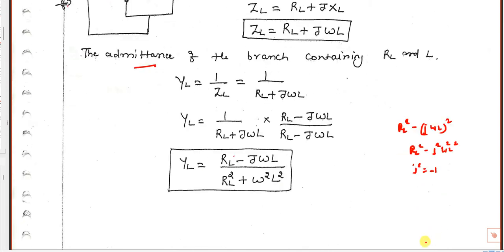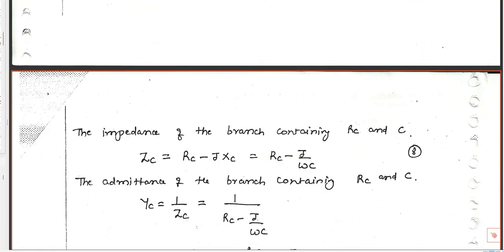Minus 1 into minus is plus. So we will get plus. We can separate it as RL by RL square plus omega square L square, that is the real part. And the imaginary part is minus J omega L by RL square plus omega square L square.